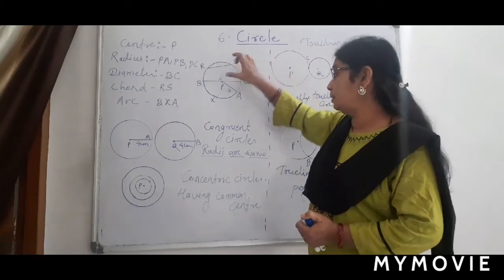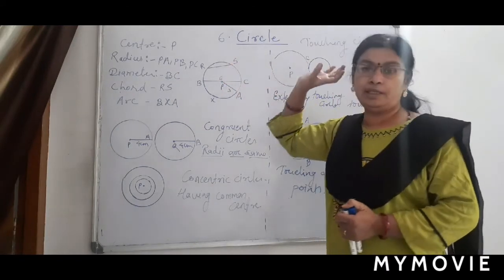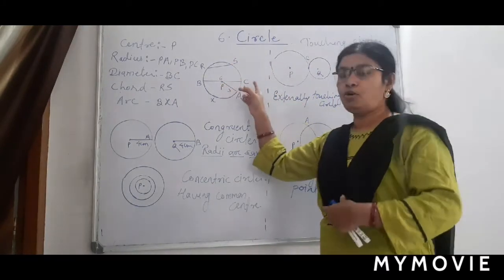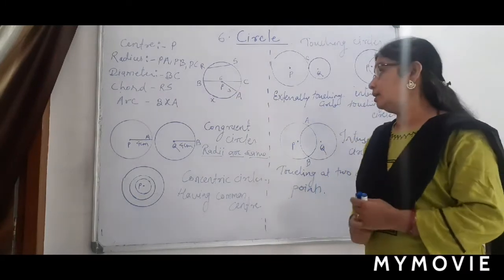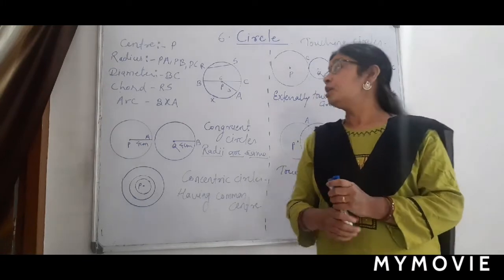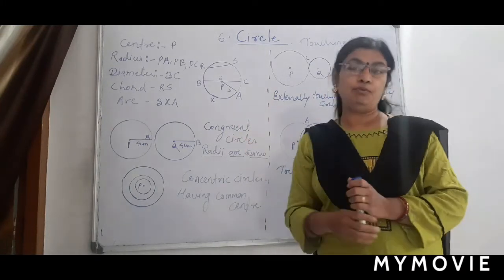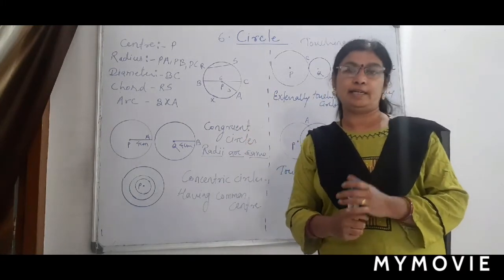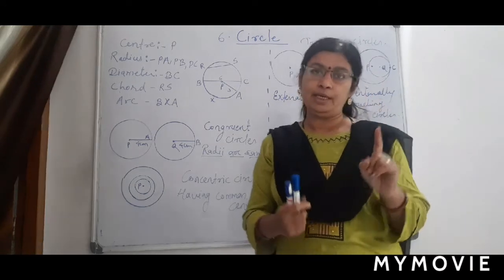And what is the diameter? Diameter is always double the radius and it is the longest chord of a circle. Now in the next period we will study the properties of circle, which you have already studied in 8th standard. So students, what is the first property?